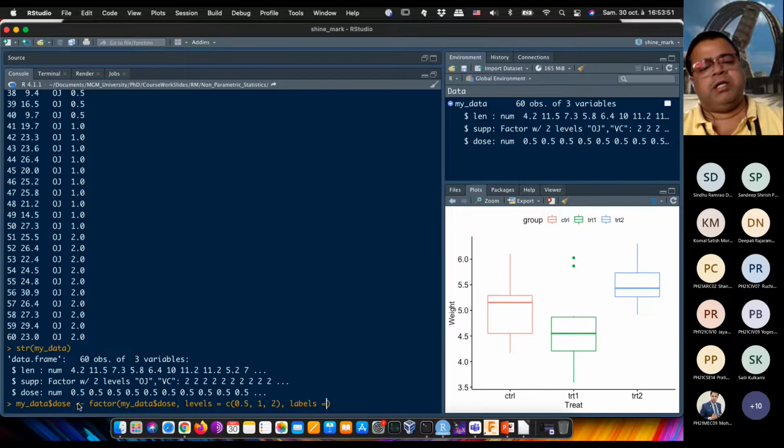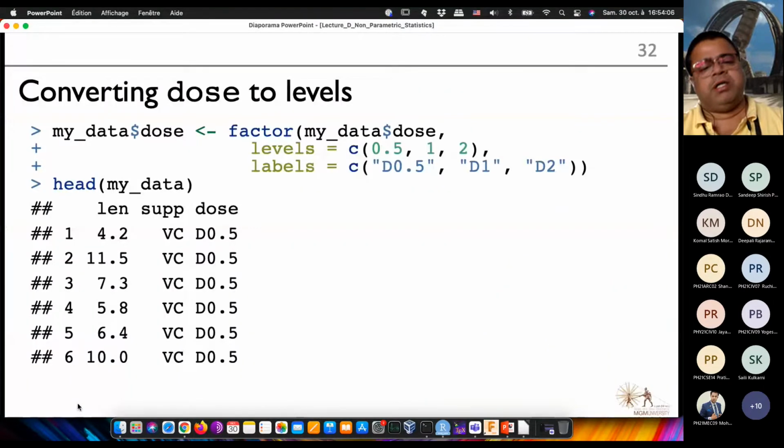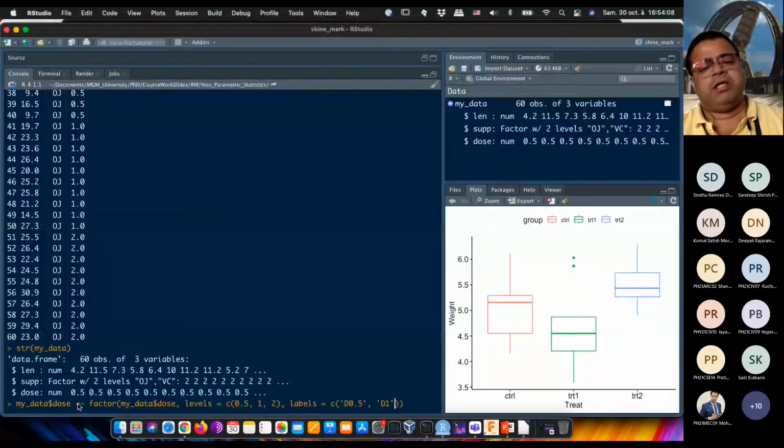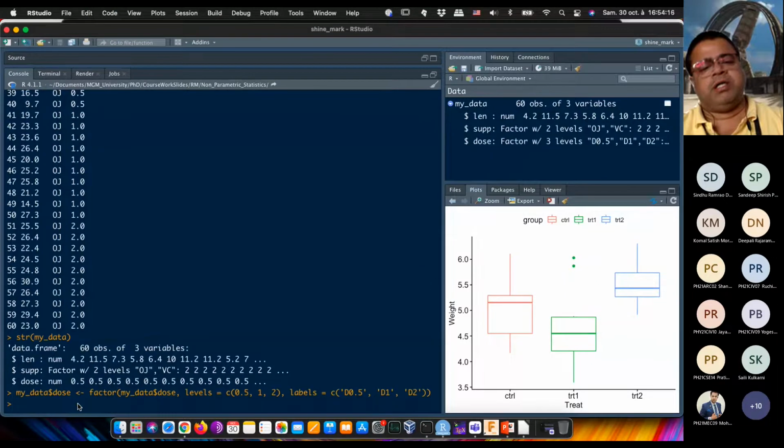So this C is nothing but your concatenate command. So D0.5, okay, and then you have got D1, okay, and then you have to say D2. If I do that, then let us see what happens. Look here now.